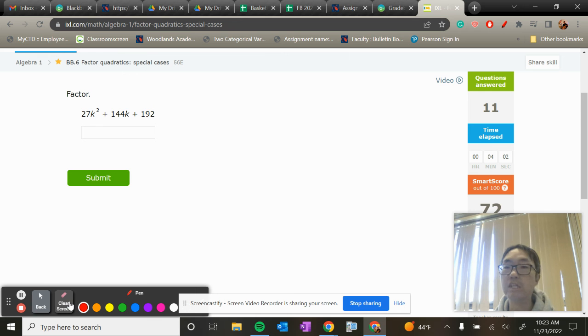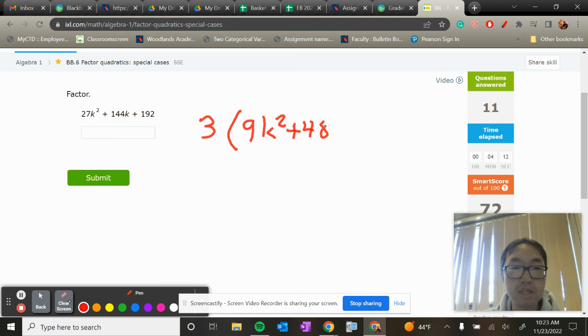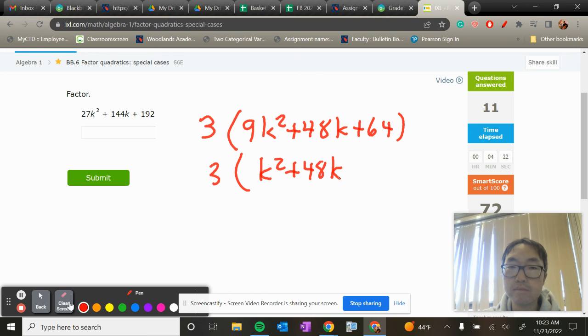This is when it gets a little cloudy. Divide everything by 3 first. See, common factor. 9k squared plus 48k plus 64. I'm going to do my bottoms up method. 9 times 64 is 576.